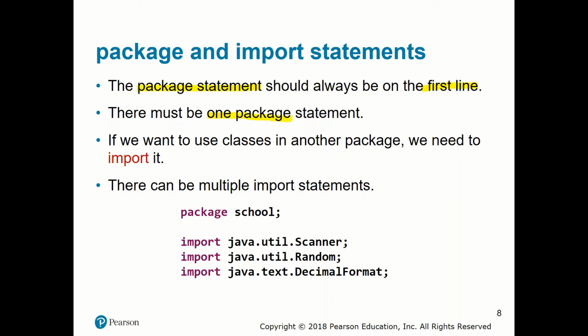If we want to use classes in another package, we need to use an import statement. There can be multiple import statements. So this is the formal way of using package and import statements: only one package statement in the first line, and there can be many import statements like this.